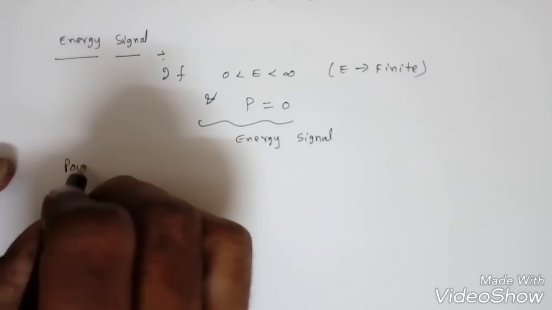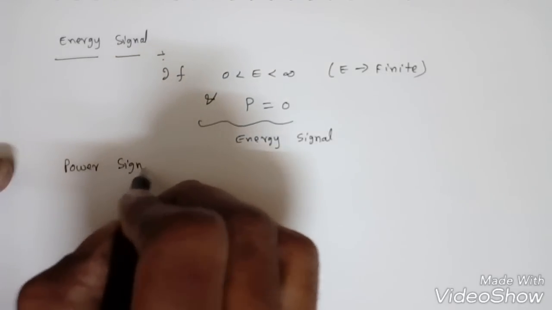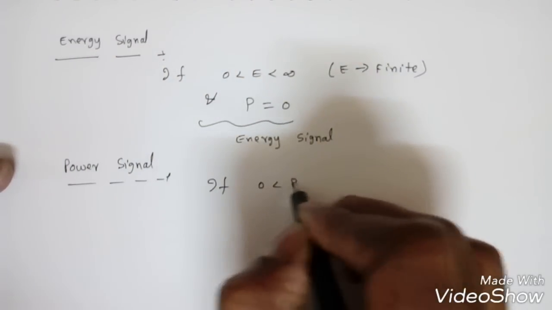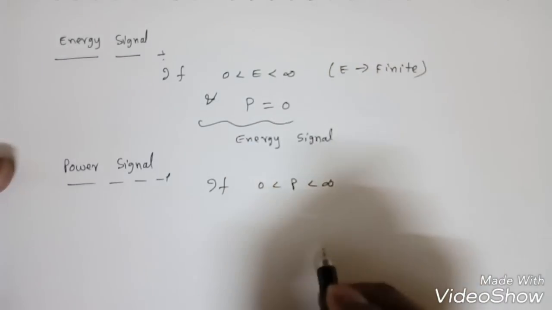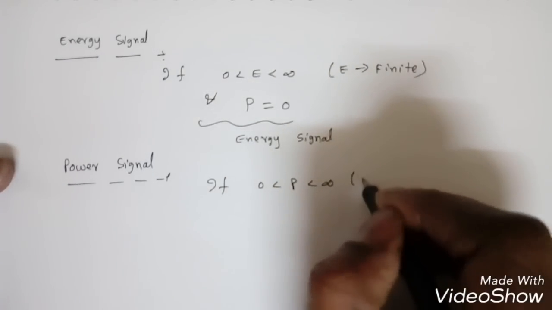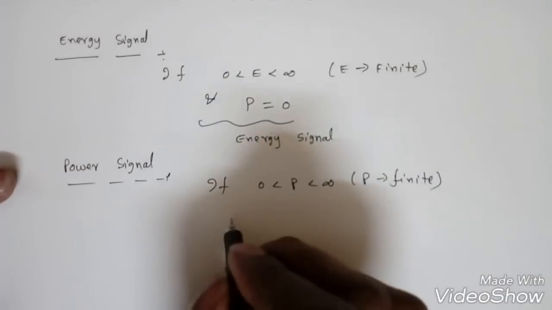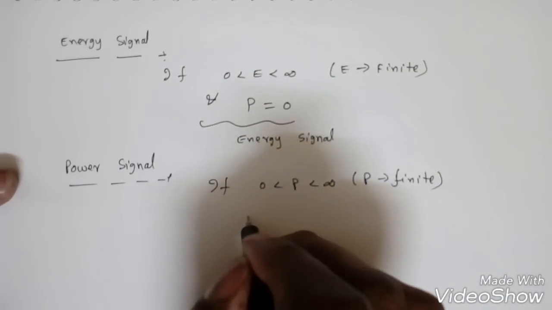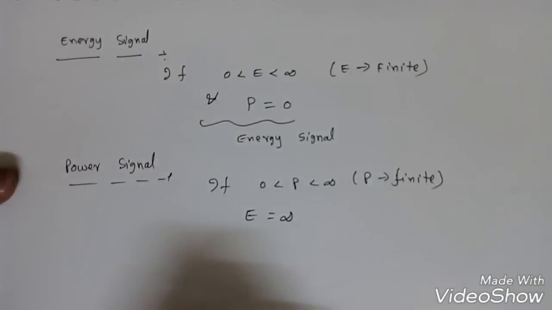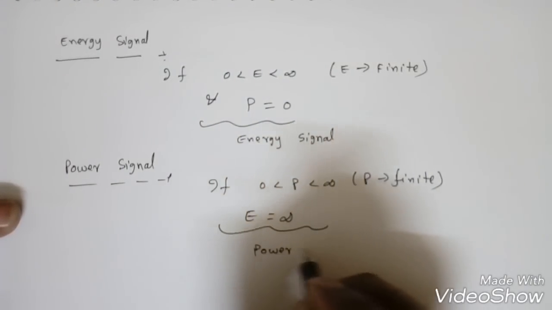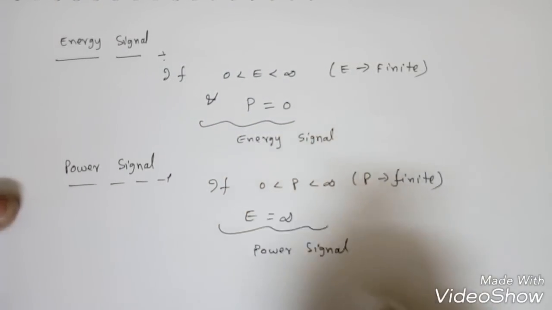Next, similarly, power signals will be there. A power signal, if the power is finite, that is 0 less than P less than infinity, the power is a finite value, right? And for the power signals, energy is infinity, then we can say this is a power signal, right?